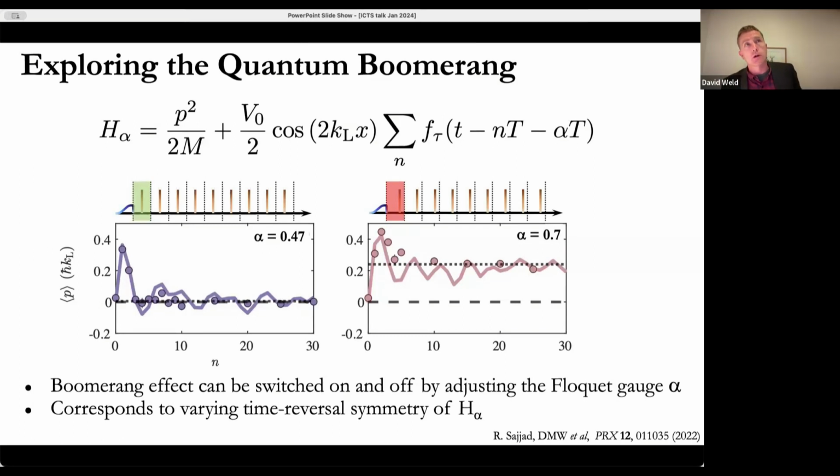Yeah, great question. So what's actually happening in between the kicks here, this is stroboscopic. We do look at a particular time, but the dynamics don't actually depend very sensitively on when we choose that time. Because if we're not kicking with the lattice, the Hamiltonian is just this left-hand term.